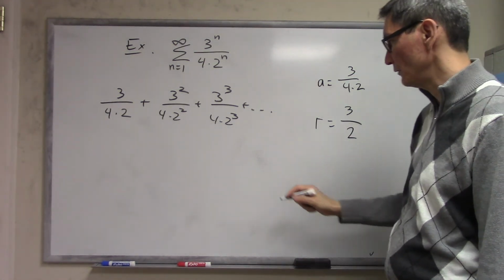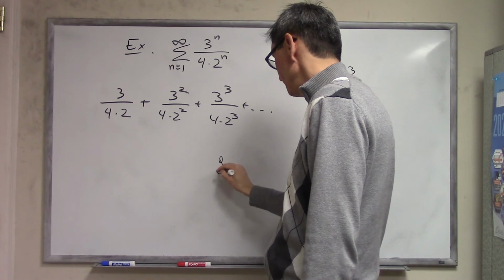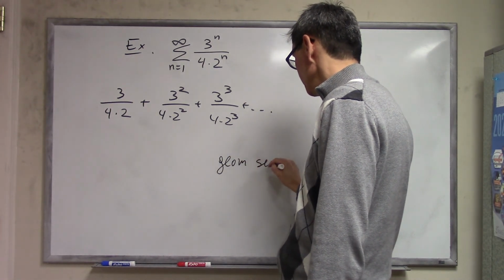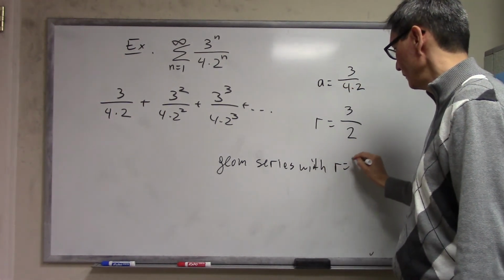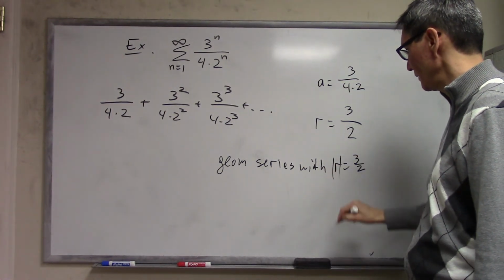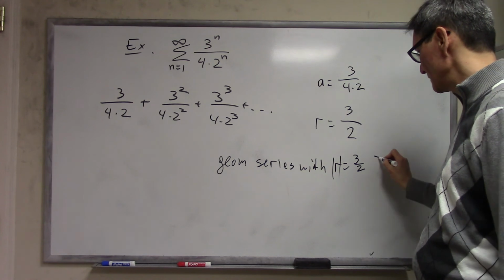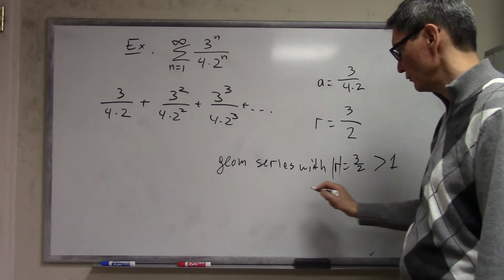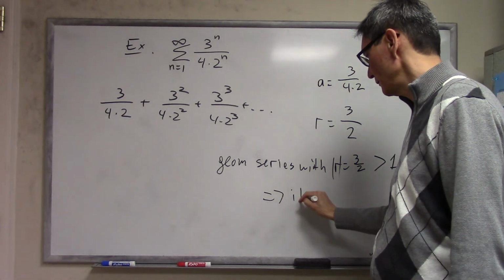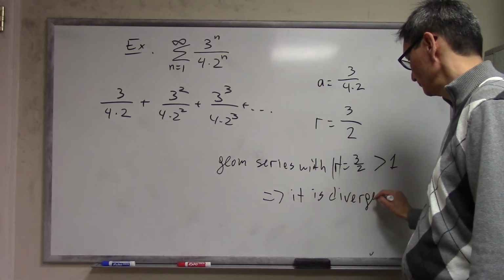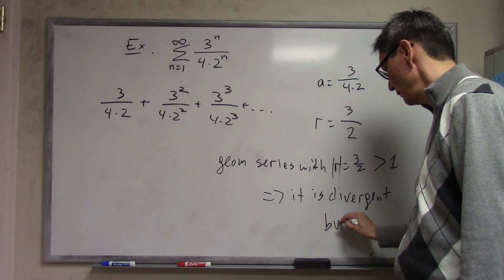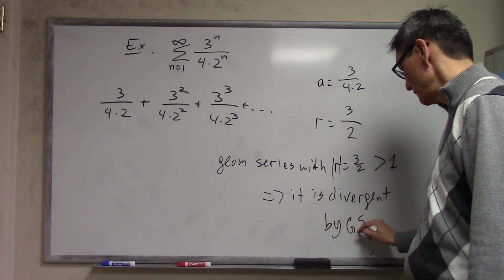So r equals 3/2, so it is a geometric series with r equal to 3/2. The absolute value is 3/2, which is bigger than 1, therefore it is divergent by the geometric series test.